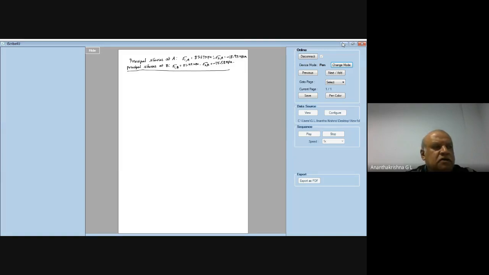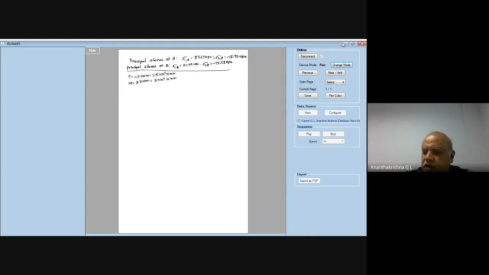What we are given is that it is subjected to a twisting moment of how much? 1.5 kilonewton meter. Let me convert it into Newton millimeter, that is 1.5 into 10 power 6 Newton millimeter. And it is also subjected to a bending moment of 3 kilonewton meter, so that is equal to 3 into 10 power 6 Newton millimeter.